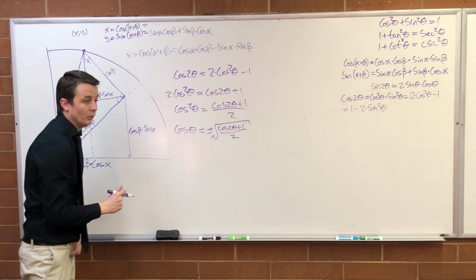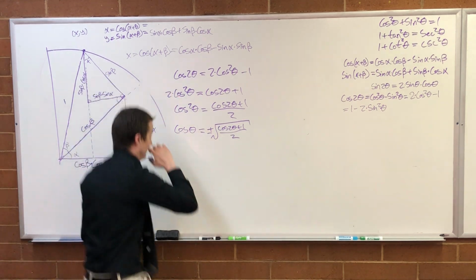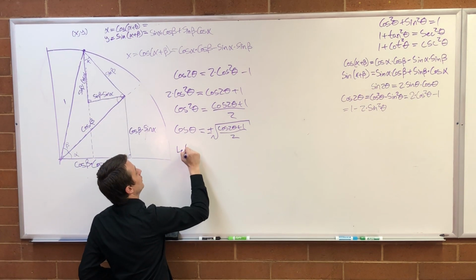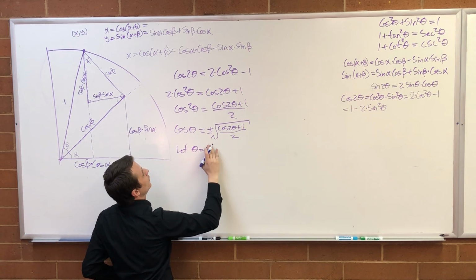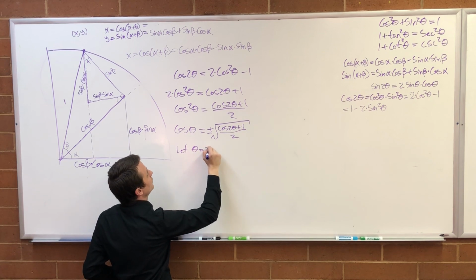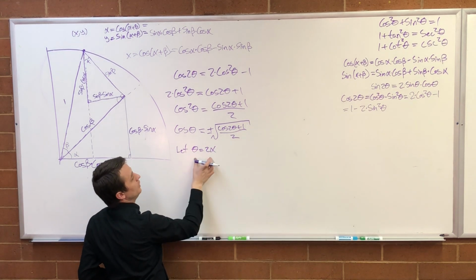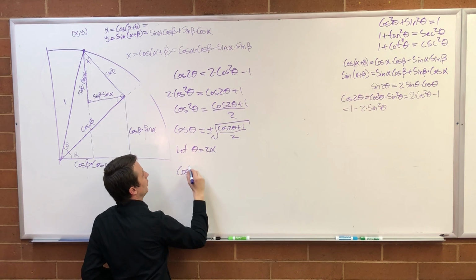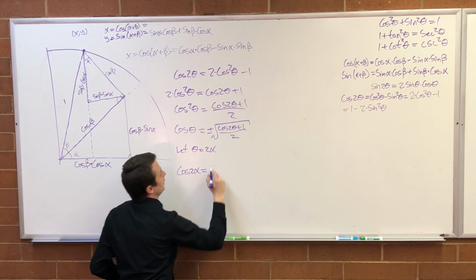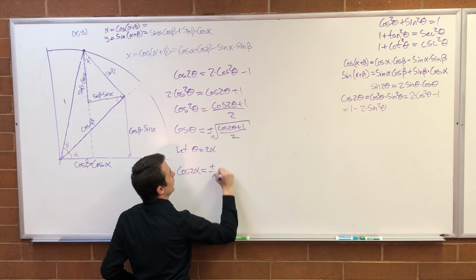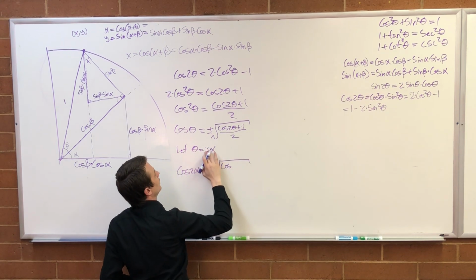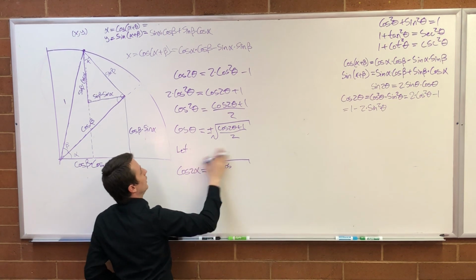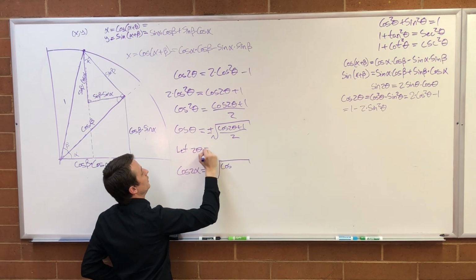The other way that people will sometimes write it is like this. Let 2 theta equal alpha.